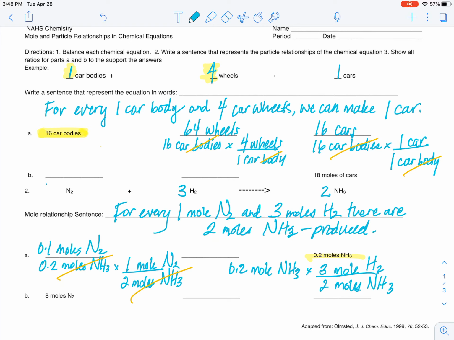So if you multiply 0.2 by 3 and then divide by 2, you get 0.3 moles of hydrogen.